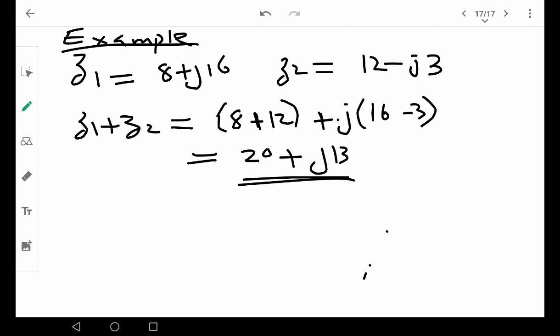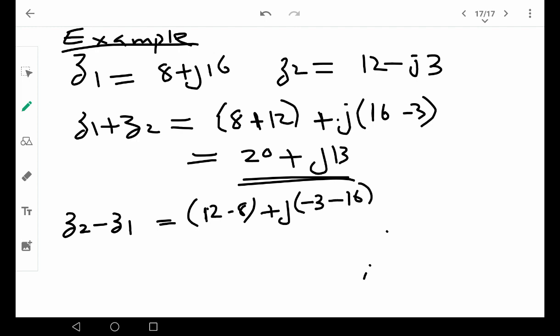Okay. Now what is z2 minus z1? So I write it as z2 minus z1. That is 12 minus 8, right? Plus j into minus 3 minus 16.